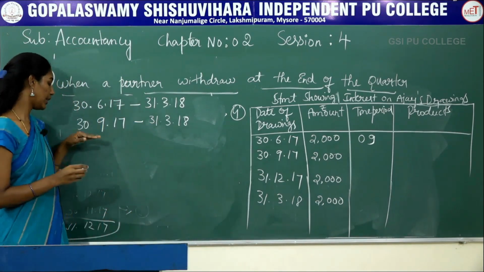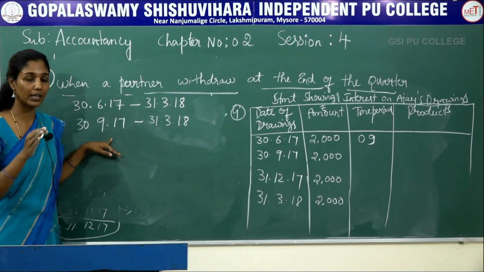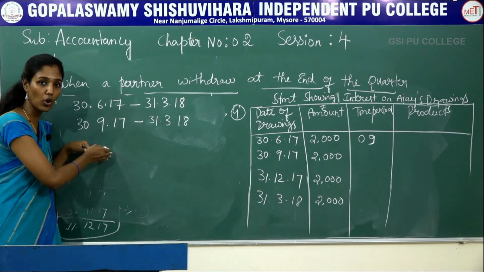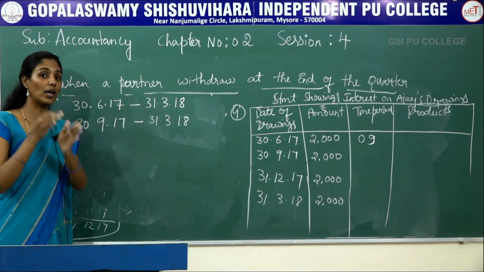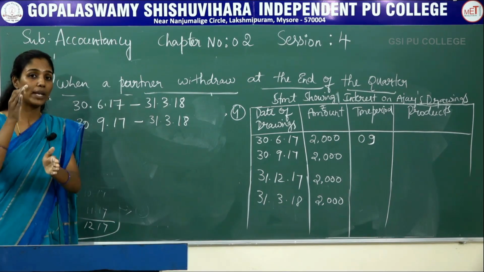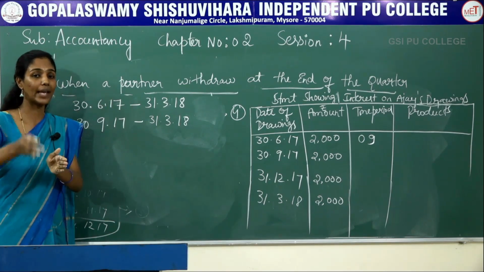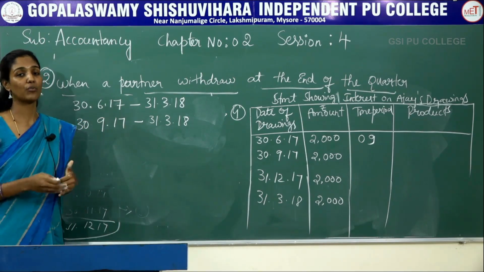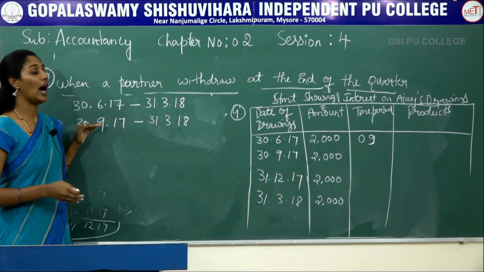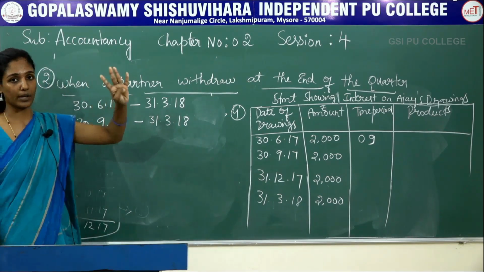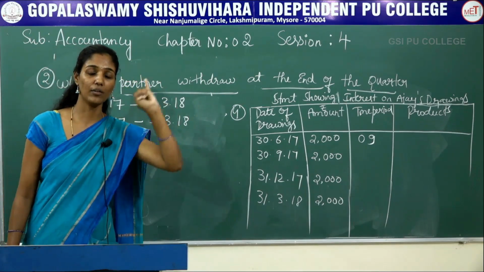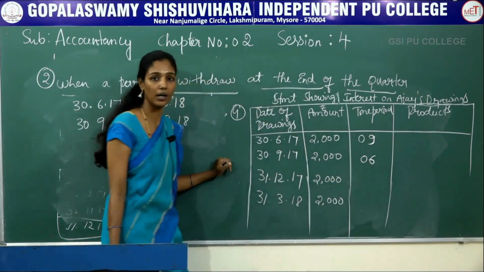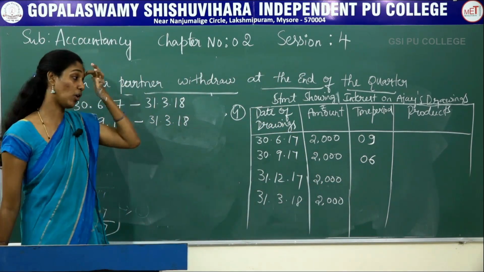Here you should exclude September, because he has withdrawn on the last day of the month. When a partner withdraws on the last day of the month, exclude that month and start from the next: October, November, December, January, February and March. So you will have 6 months outstanding for calculating interest on drawings.